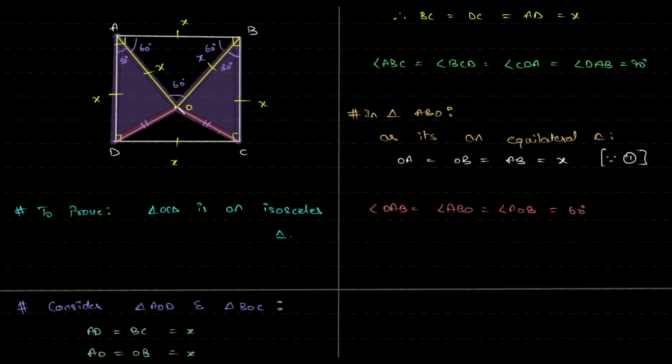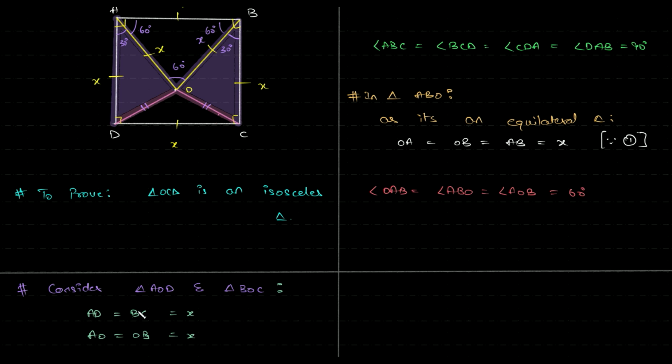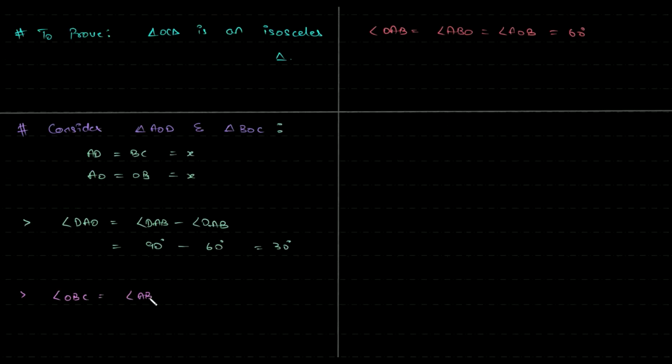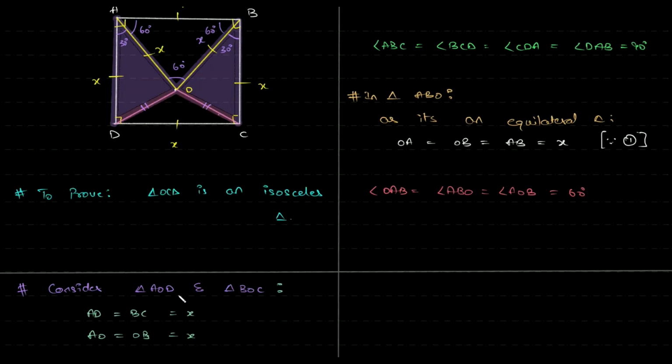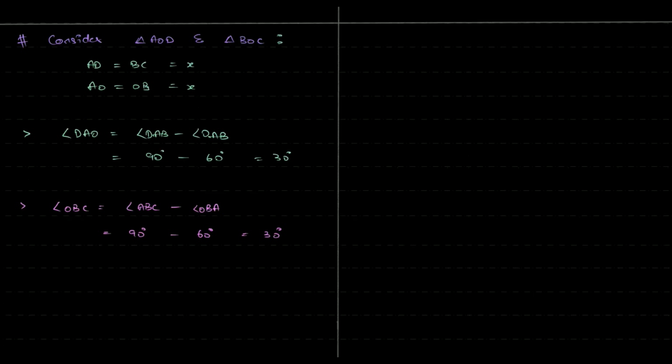And we have angle OBC, which is equal to angle ABC minus angle OBA. So this is 90 degrees minus 60 degrees, which is equal to 30 degrees. And therefore, the conclusion is angle DAO is equal to angle OBC is equal to 30 degrees.